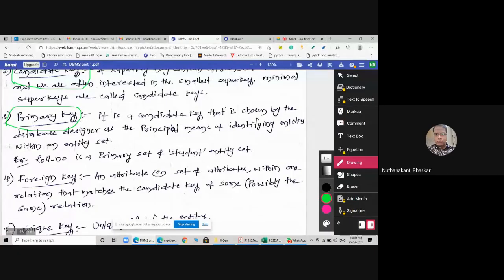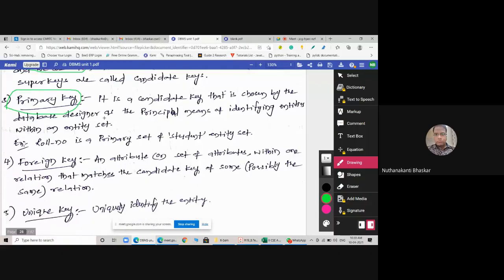That is called a primary key. Only one attribute works to identify the entity uniquely, and that attribute is called the primary key attribute. Clear? All of you clear?